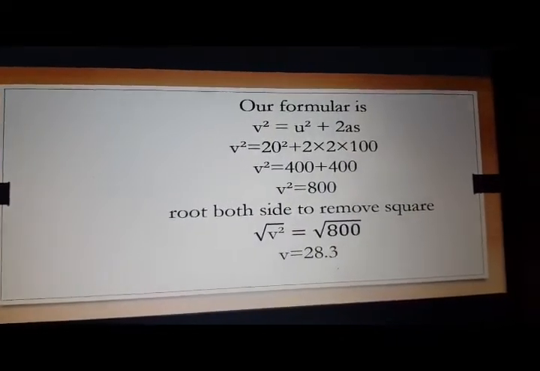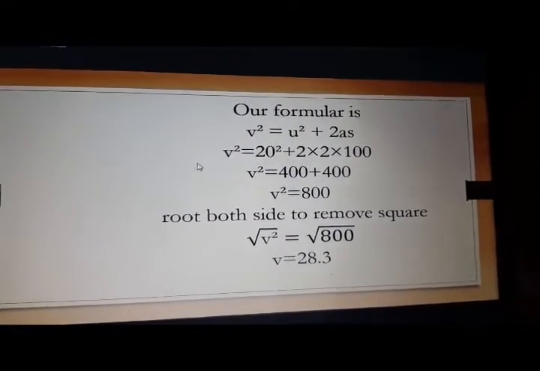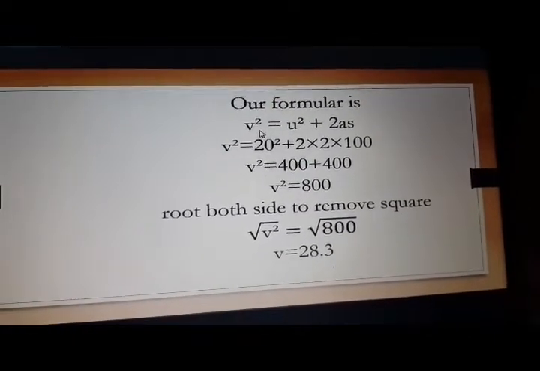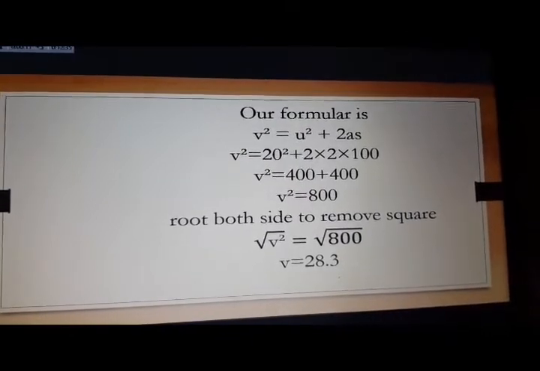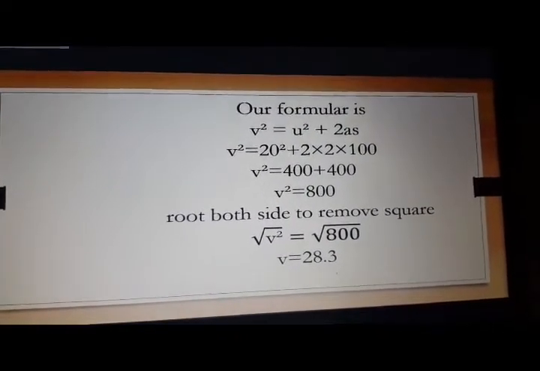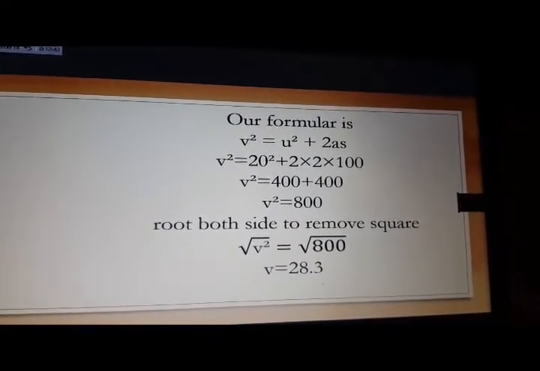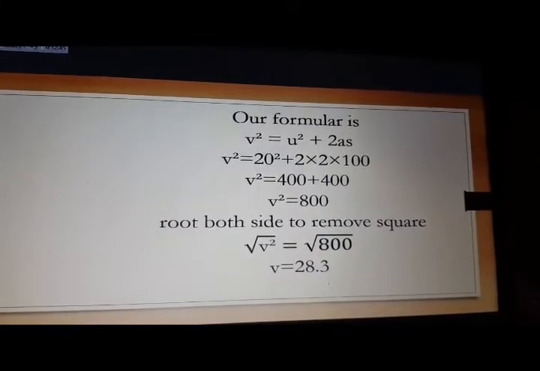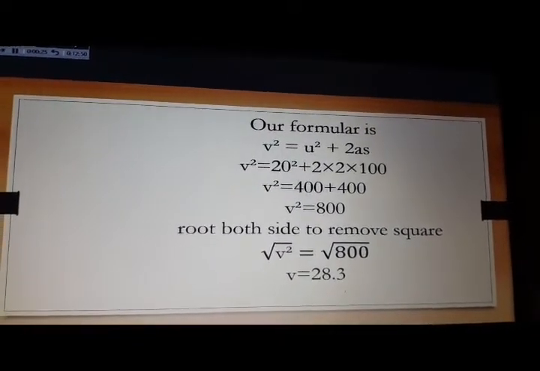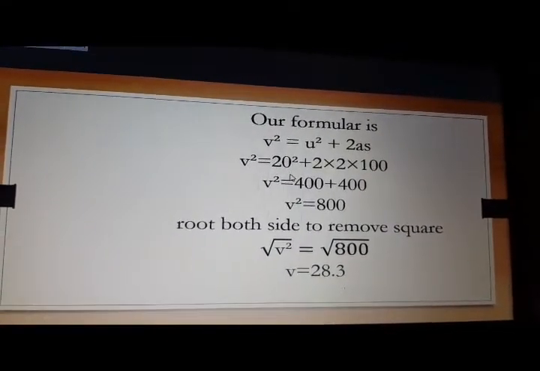So let us see how we can calculate it. We can use our third formula, that says V squared is equal to U squared plus 2AS, which is final velocity squared equals initial velocity squared plus 2 times acceleration times distance. Distance normally doesn't have a square, so we can just insert our values.